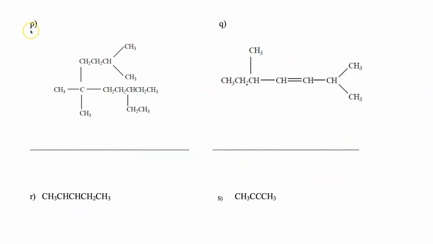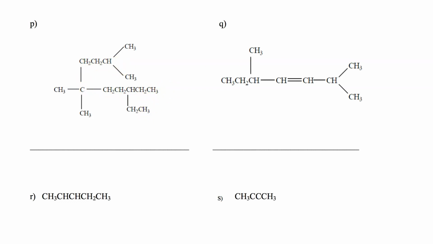Letter P. Okay, a little more complicated structure here, but again, first thing is the longest continuous chain. So I'm just going to start counting to see what that might be. 1, 2, 3, 4, 5, 6, 7, 8, 9, 10. Now if I start here, 1 through 10 again. So 10 is the longest continuous chain.